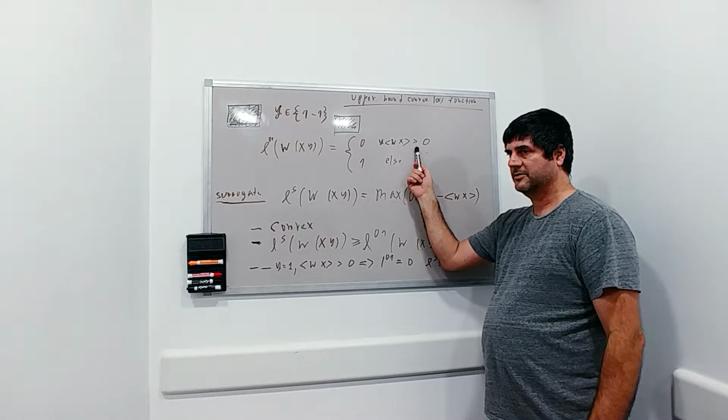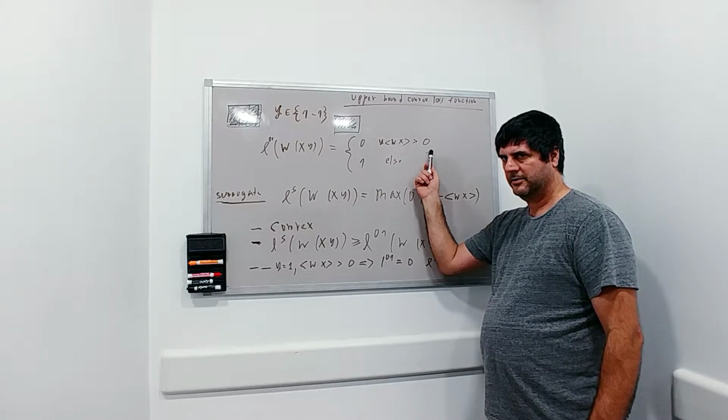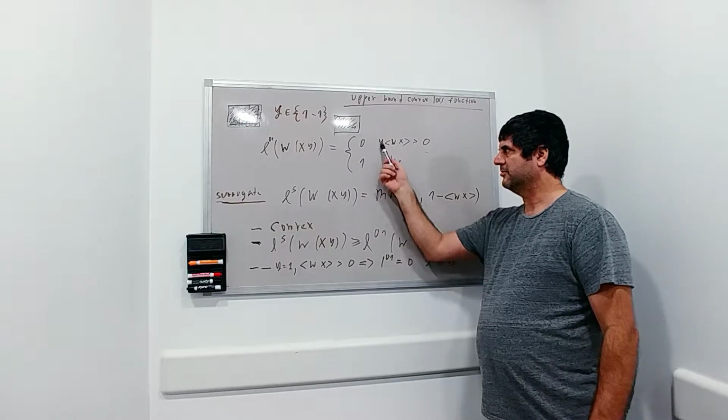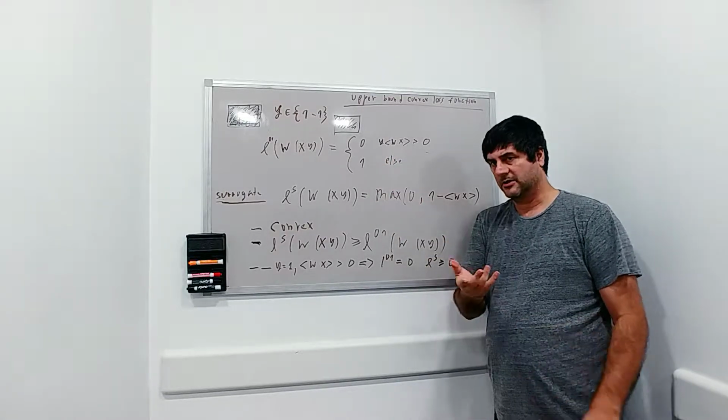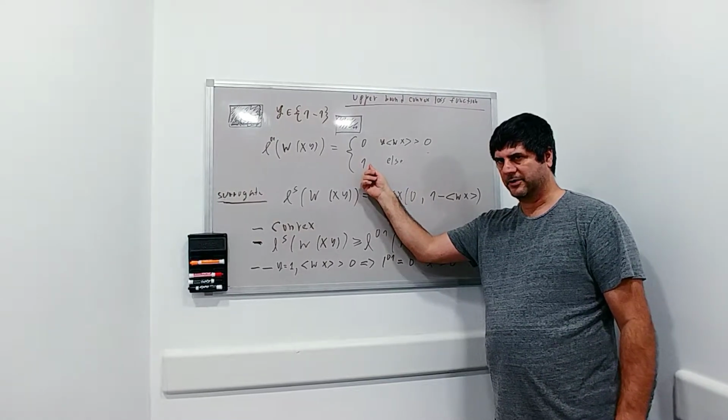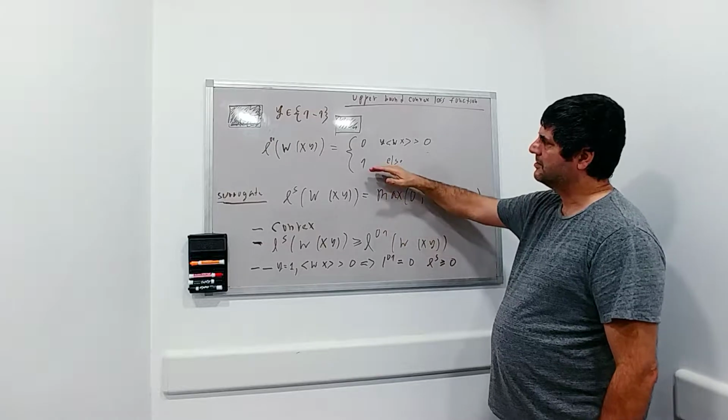If they agree, if it's bigger than 0, then we don't have a loss. Otherwise, we don't agree. Our prediction is not correct, and then we have a loss of 1. Okay, great. So that's a loss function.